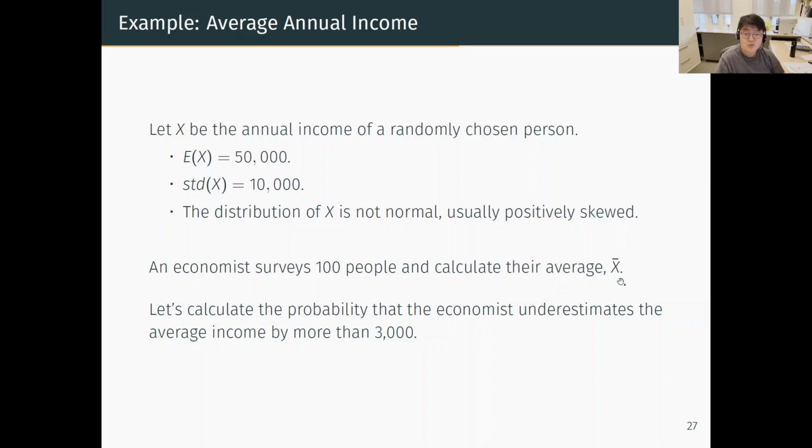Then what we can do here is calculate the probability that this economist underestimates the average income by more than $3,000. How can you calculate that? Because we know the true mean is 50,000, before doing the survey we can tell the probability of underestimation.